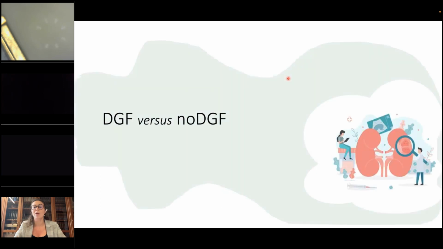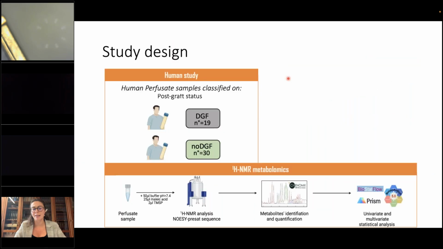At this point, we decided to focus our attention on the DGF status post-transplantation. For this, we used perfusate samples coming from a human cohort, which was classified based on the post-graft status, so on the possibility of the patient to develop a delayed graft function post-transplantation or a healthy condition.